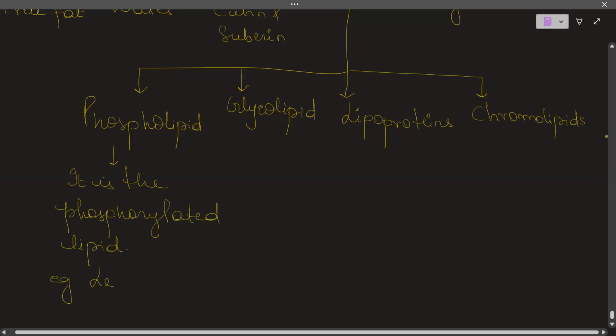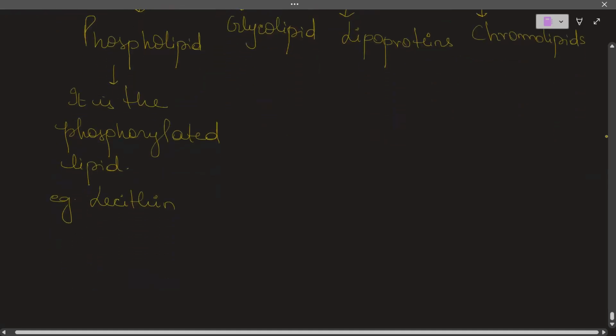An example is lecithin. Do you know where this lecithin is present, students? These are found in the cell membrane.